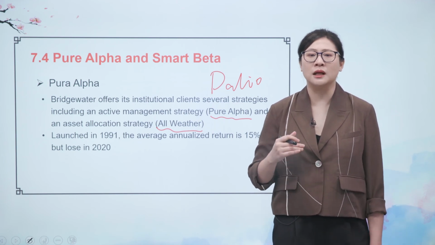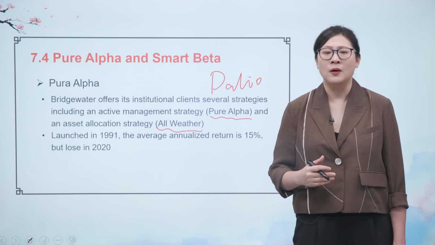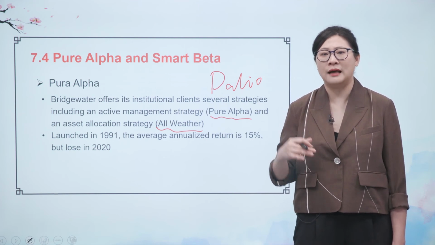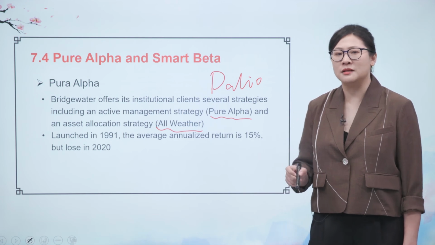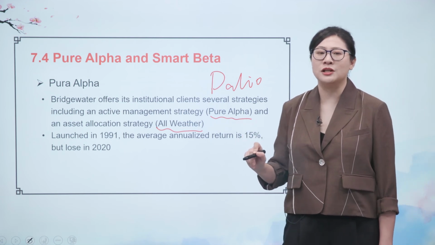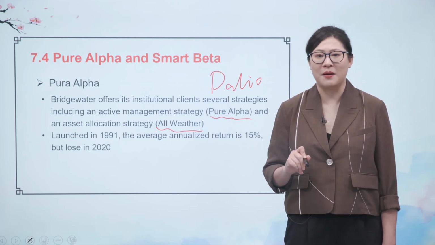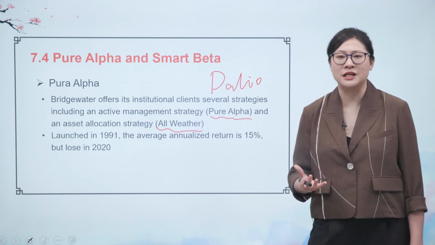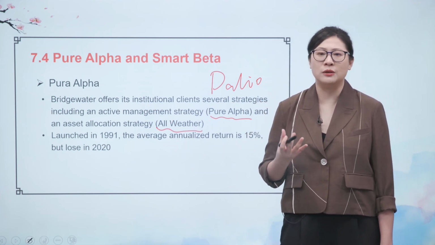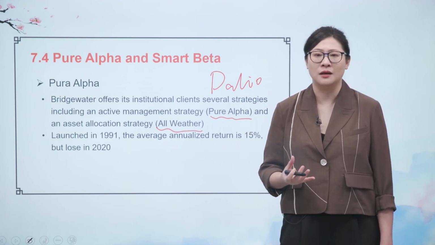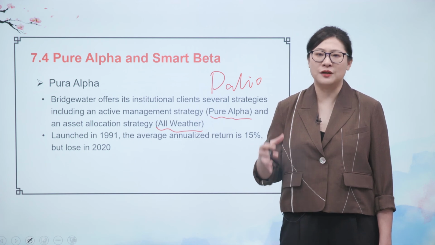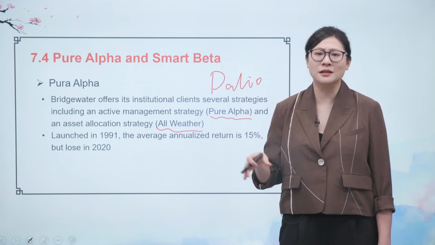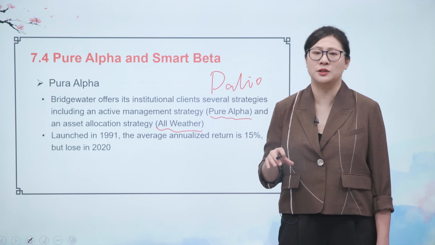But after April, the stock markets all over the world recovered, but the pure alpha strategy still lost money. At the worst time in 2020, the pure alpha strategy lost 20% in the first 3 months, and over the whole year, it lost money.